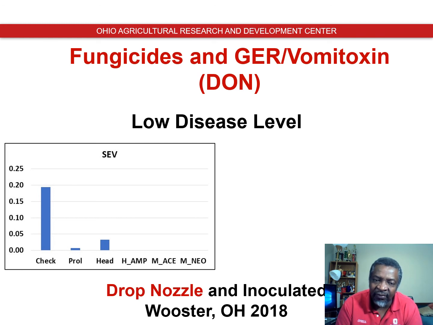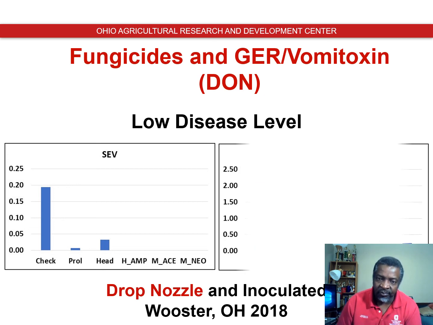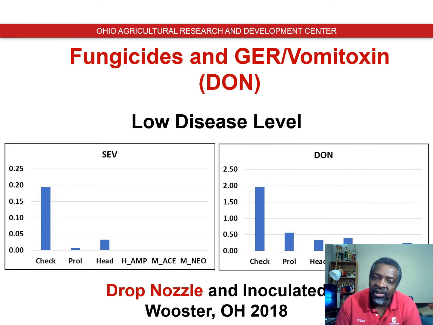In this case, all fungicide treatments resulted in lower levels of disease than the untreated check. But again, the overall level of disease was generally low to start with. In terms of vomitoxin, the untreated check had about 2 parts per million vomitoxin, and all fungicide programs reduced vomitoxin levels to about 0.5 or lower parts per million.